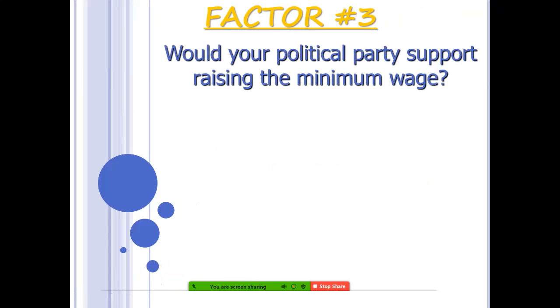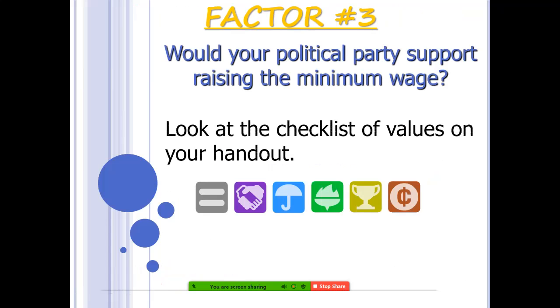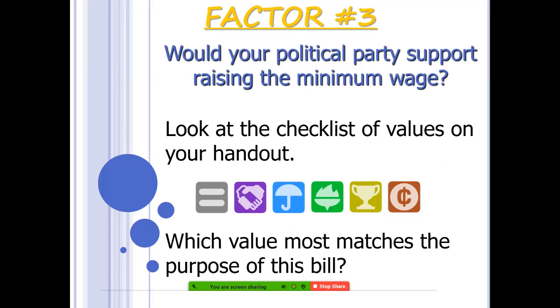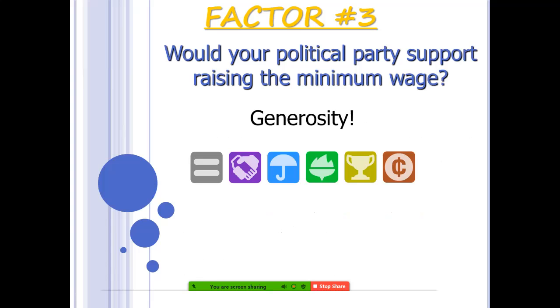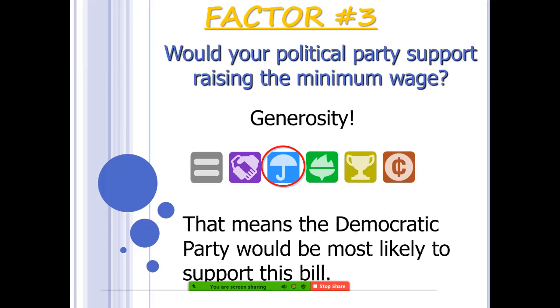Would your political party support raising the minimum wage? Which value most matches the purpose of this bill? Generosity. This means Democratic Party would be most likely. If you went with the money one, that would talk about Republican opposition.